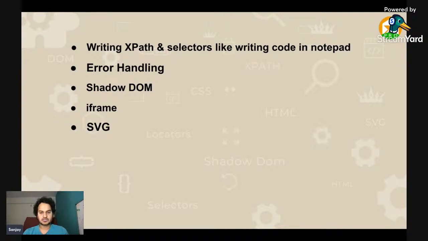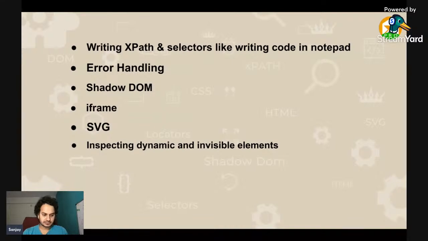We did a lot of polls on LinkedIn and a lot of people started learning that SVG elements support a different format of XPath. Similarly, for Shadow DOM, most people were not aware of the Shadow DOM concept, or that XPath doesn't support Shadow DOM, where people were wasting a lot of time. So all these things were solved by SelectorsHub, and it started helping people learn about these concepts.